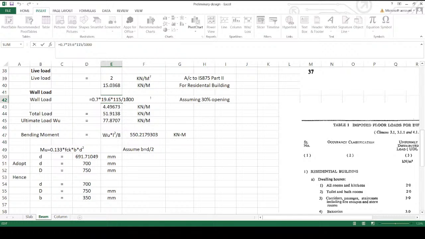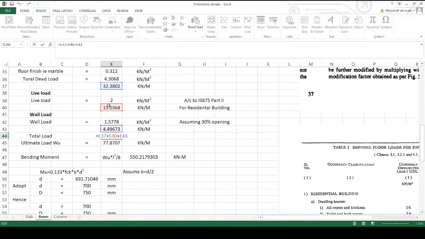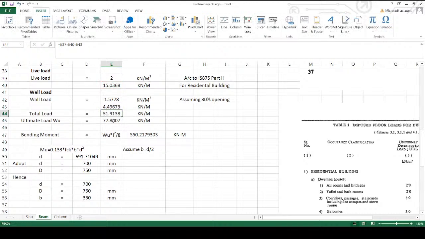mm, and by 1000 is equal to gamma, and multiply with the height of the building, that is 2.85, and we get kilonewton per meter square. Total load is equal to live load plus wall load, and ultimate load is equal to 1.5 times total load.